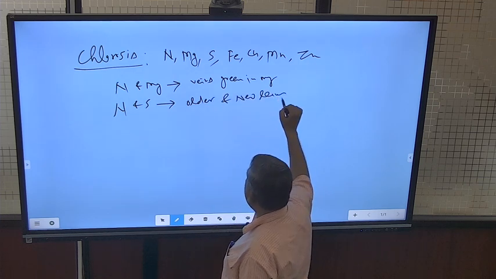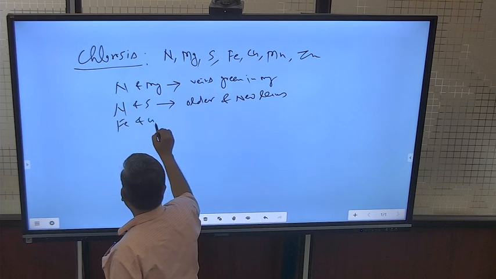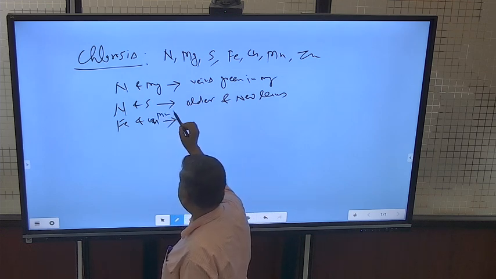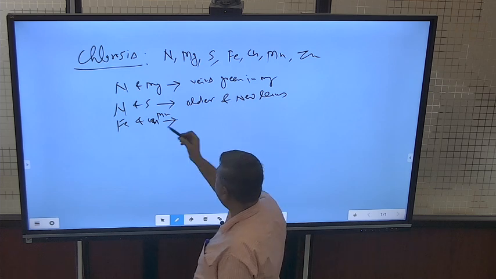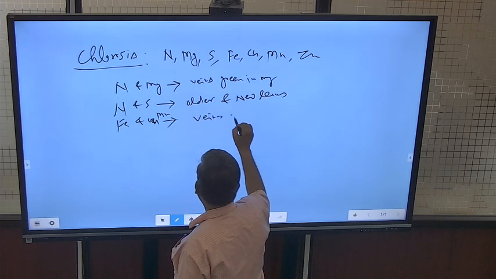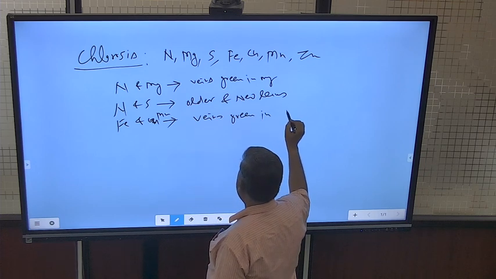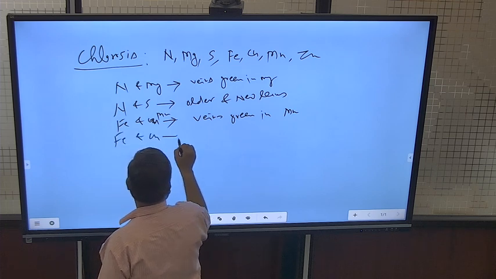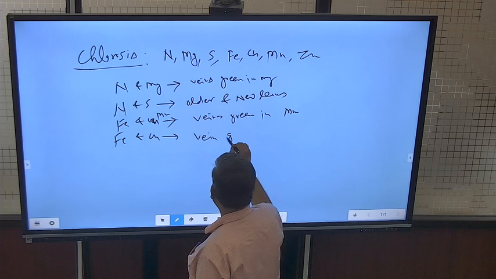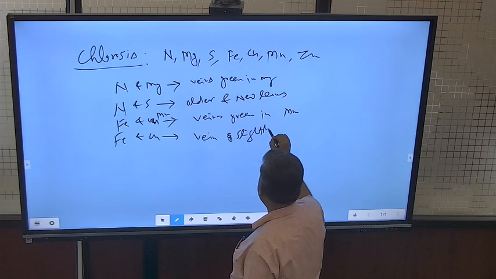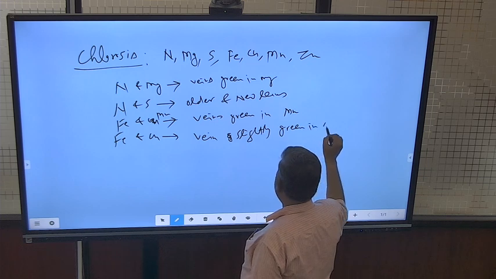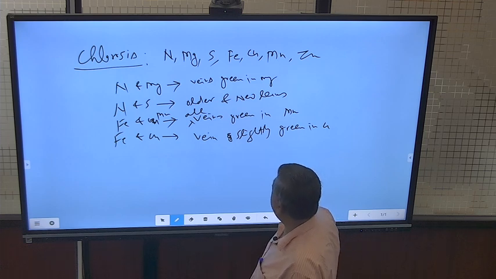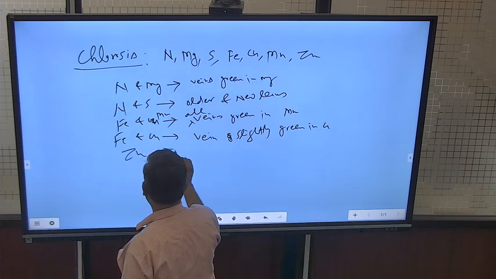If we compare iron, copper and manganese, the veins are green in manganese. Then iron and copper, veins slightly green in copper. In case of manganese, all veins are green. Then zinc, brown strips are there. It is very common.